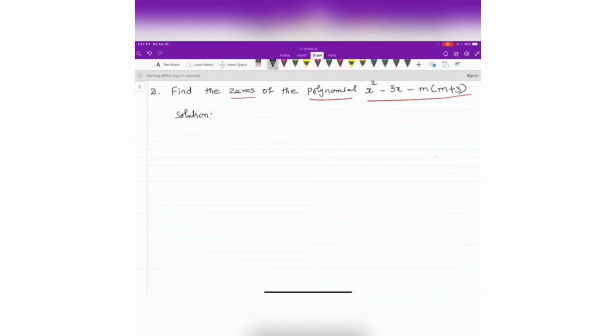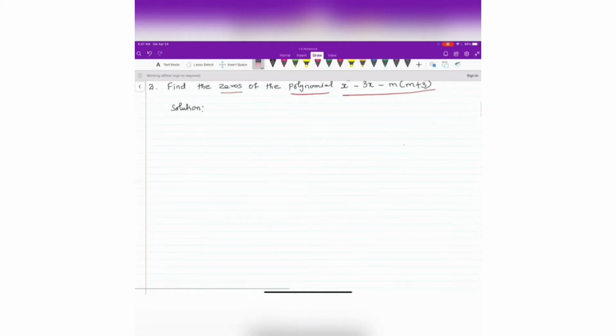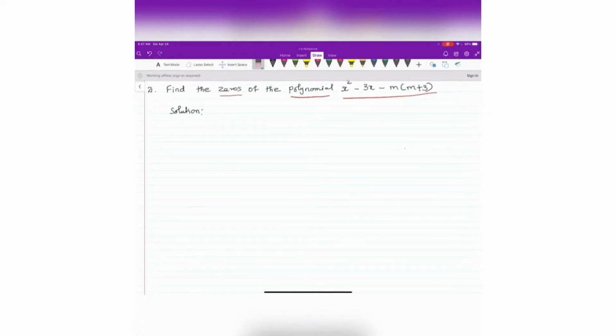Since the given polynomial is in x, I can write it as let f of x be equal to x square minus 3x minus m into m plus 3. To get the zeros of the polynomial, the first and foremost step is to factorize the given polynomial.